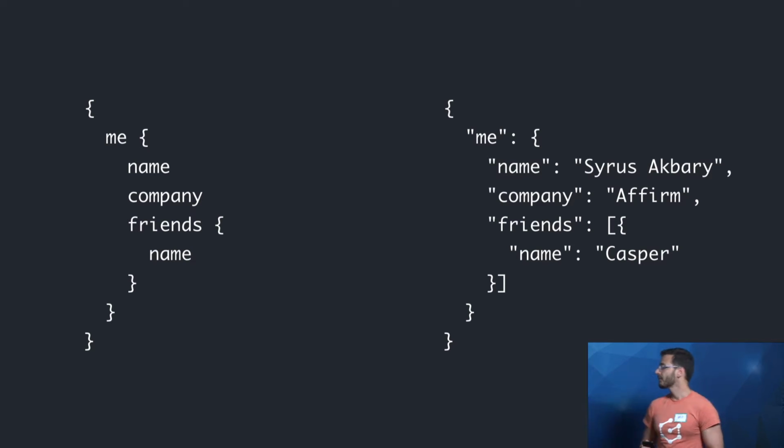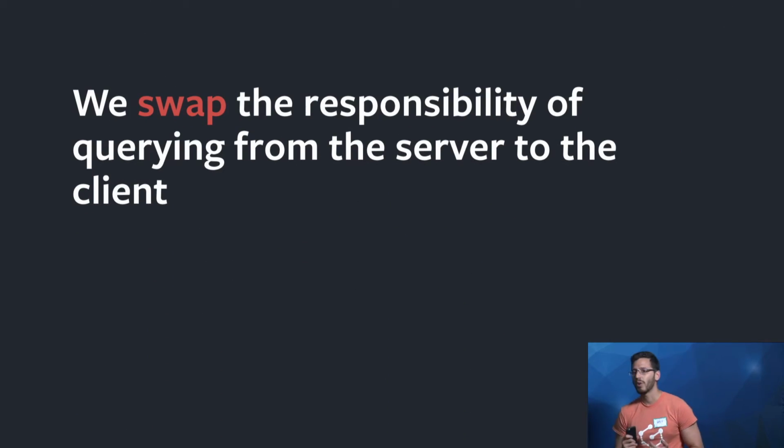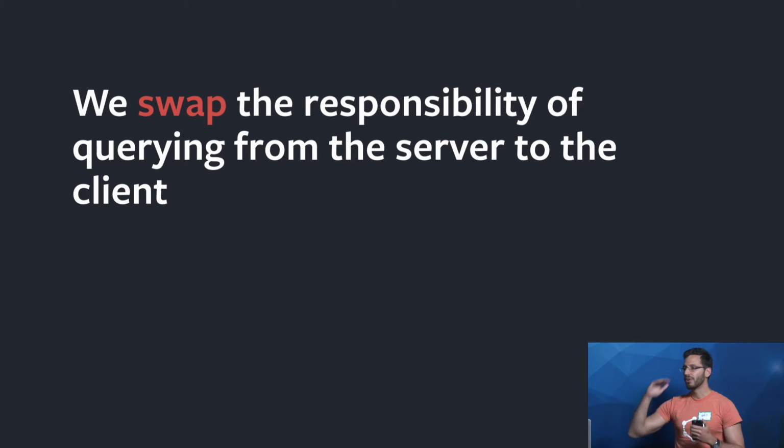And that's great. But what's the real thing we love about GraphQL? The main reason is that we swap the responsibility of querying from the server to the client. Before, we had all this data in just one RPC endpoint in our API, and this logic was living in the server.